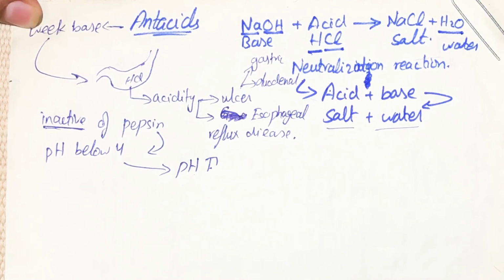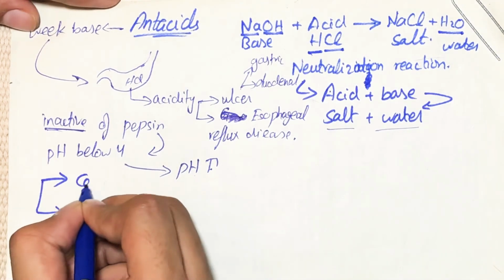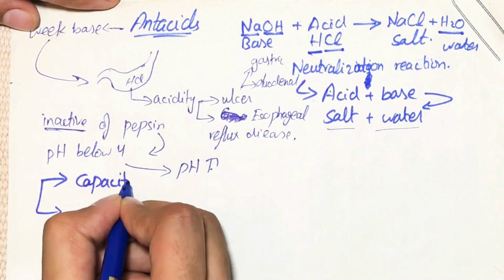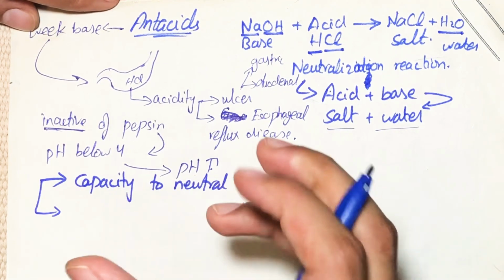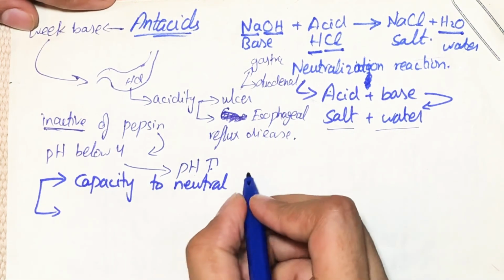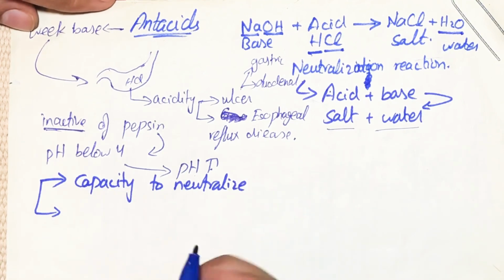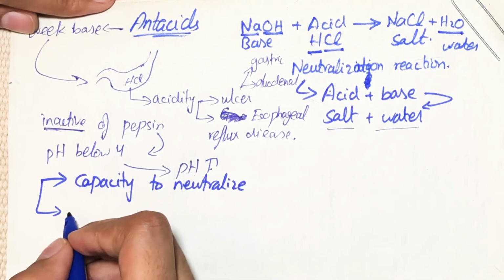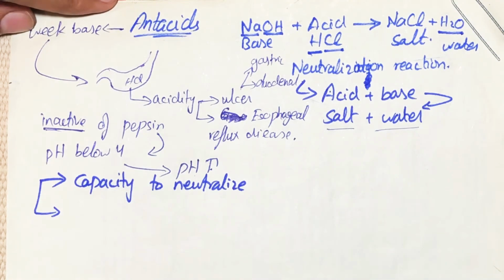It can be determined by two things. One is its capacity to neutralize acid, that is, how much acid it can neutralize. And the second thing is whether you are taking it before a meal or while having food in your stomach.